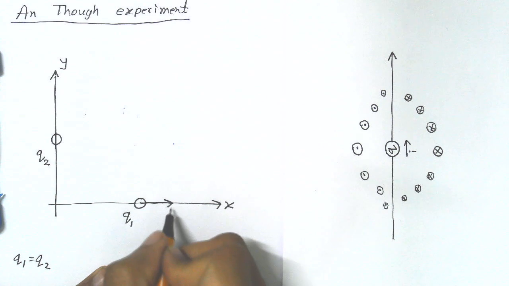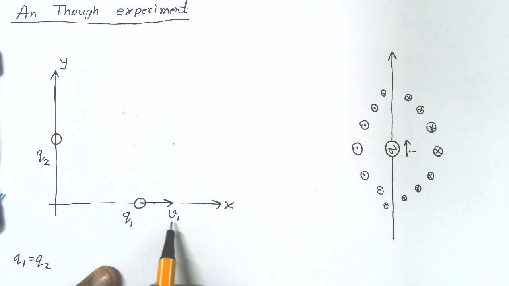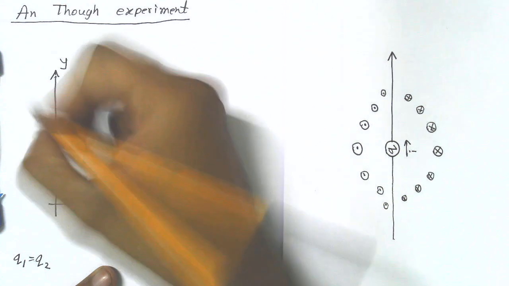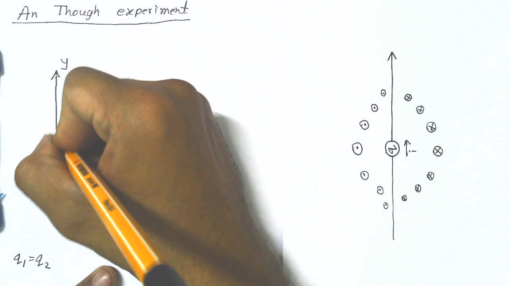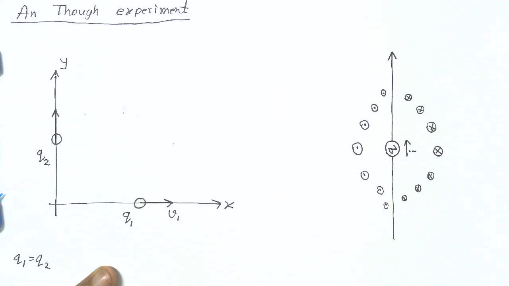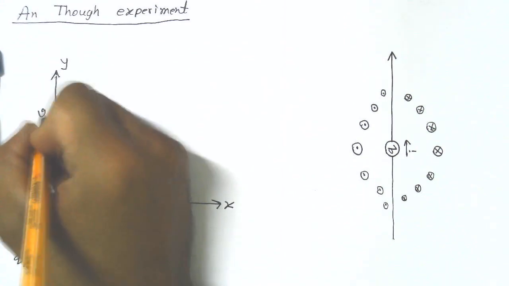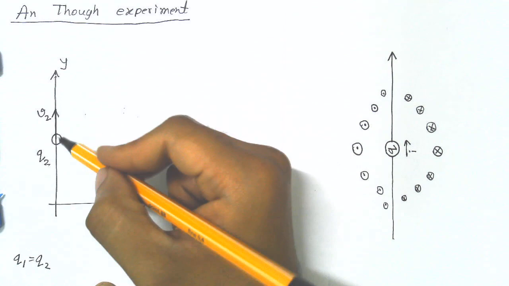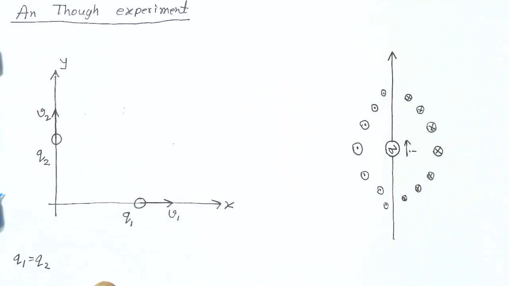And this is moving towards the right. Call this speed v1, and here the speed of this particle is v2. So this particle is also moving along the y-axis. And I choose that V1 is equal to V2 in magnitude.